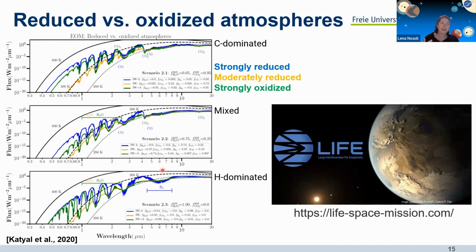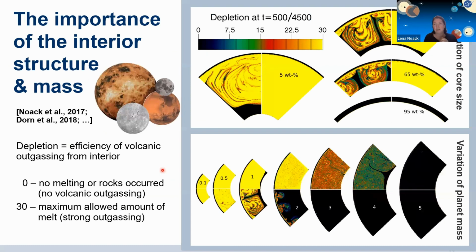So we now should understand when we would be able to expect what type of atmosphere. For this, I'm coming back to these numerical models, so the models of convection in the interior and how much melt is actually produced where.